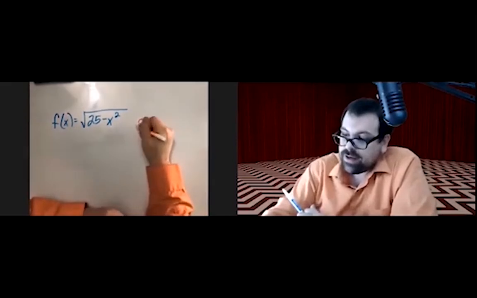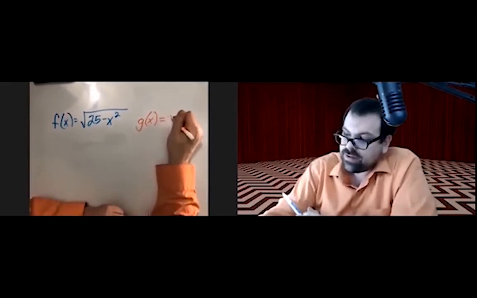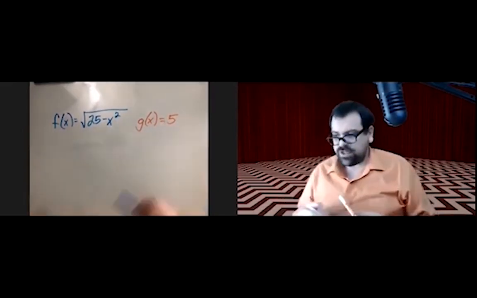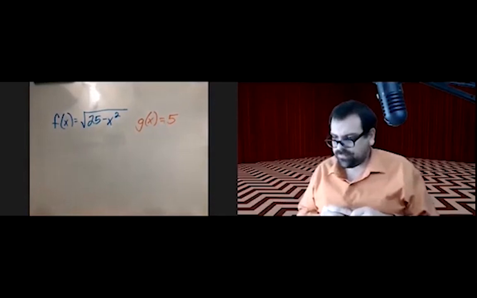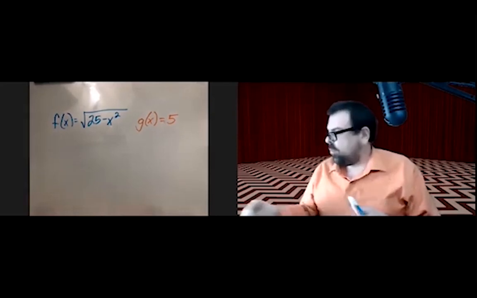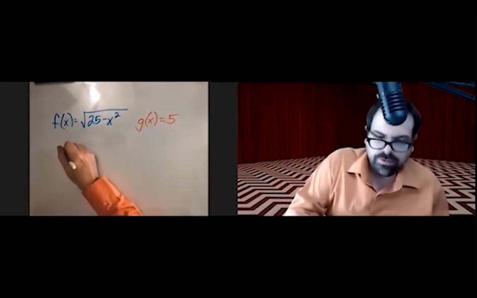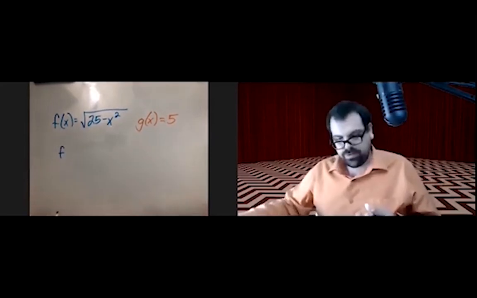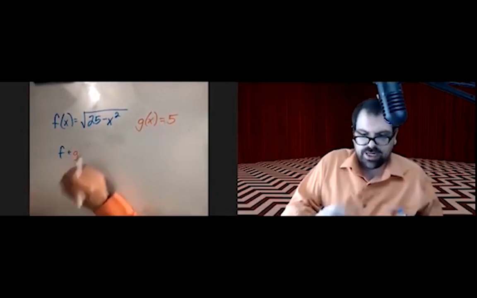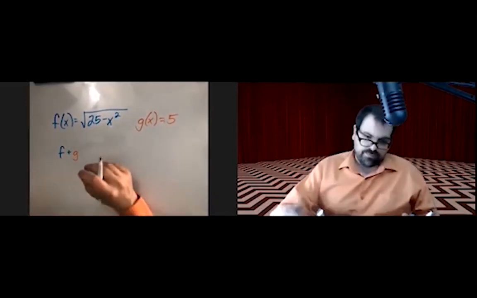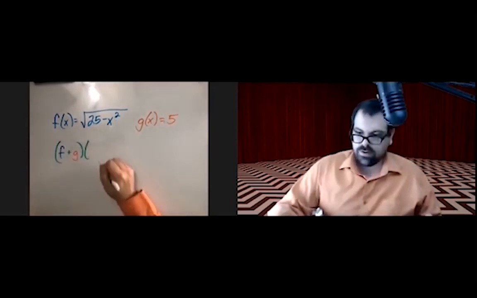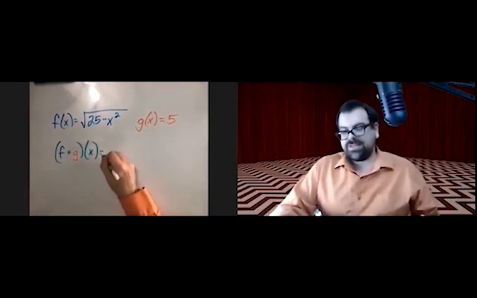And let's say that g of x is just the number 5, constant function. Well, what would f plus g of x be?